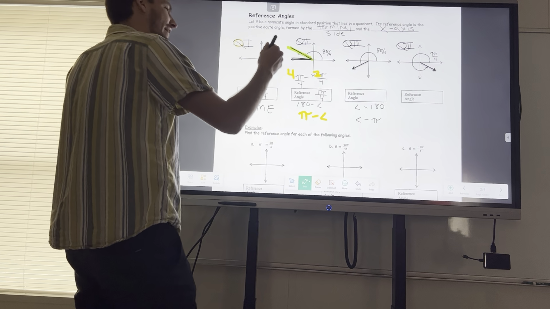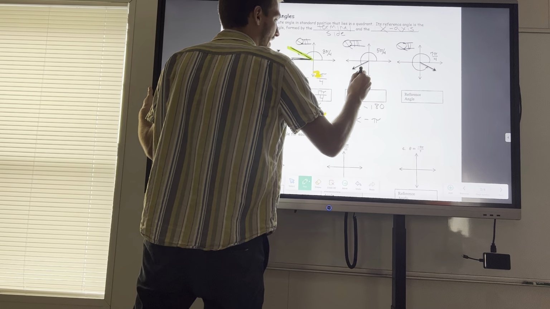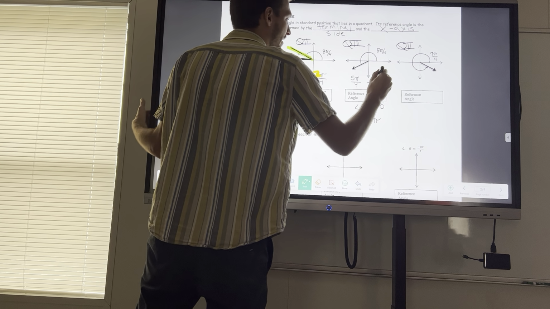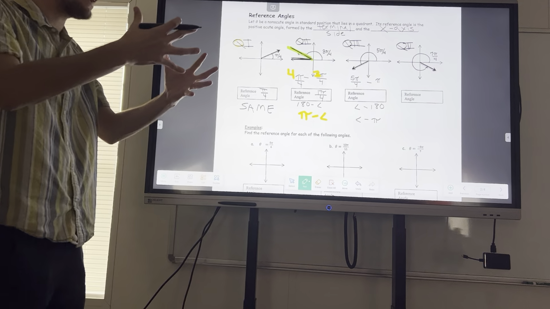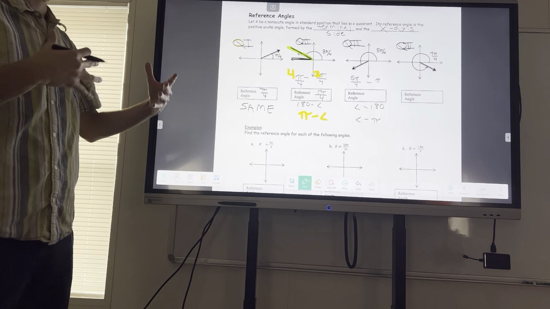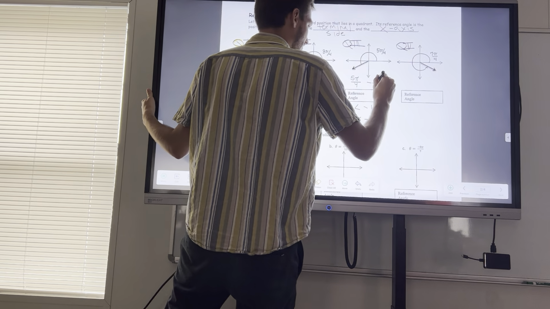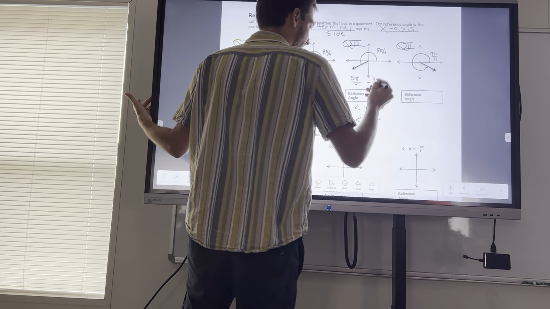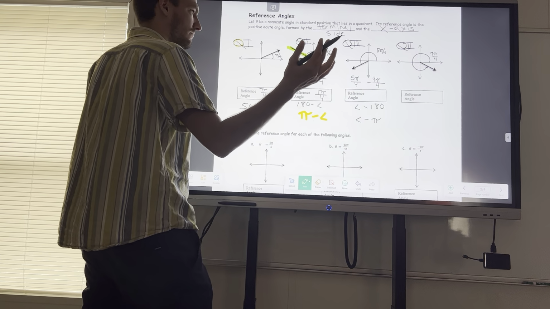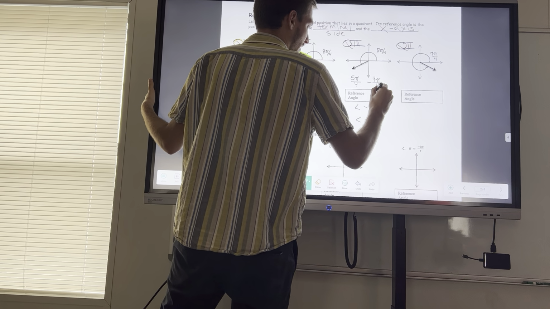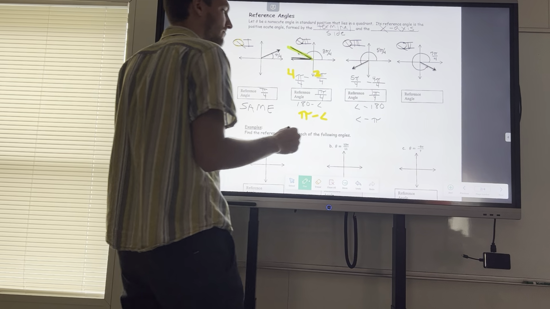So let's look at our angle here: 5 pi fourths, subtract a pi. But let's inflate that so that it matches. What number is going to go on the bottom? 4. And on the top? 4. Still a 4. And what's 5 minus 4? 1. And so our reference angle is going to be 1 pi fourths.